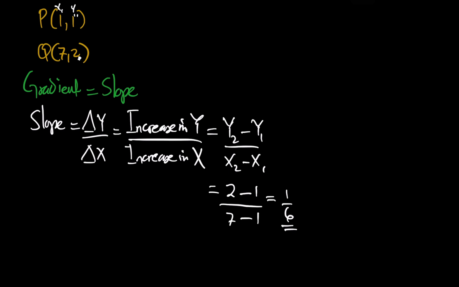Now, let's say we're looking at another question that says we should find the gradient of the line going through the point (3, negative 2), and also going through the point (negative 5, negative 8). We want to find the slope.